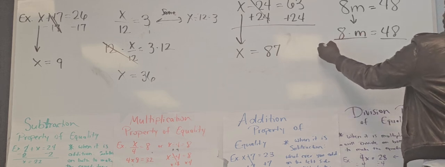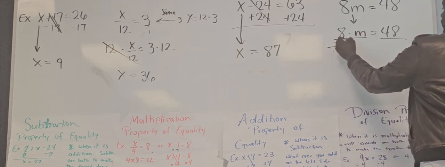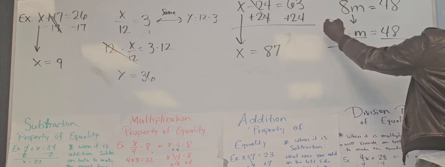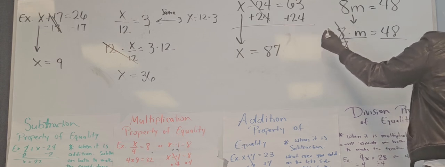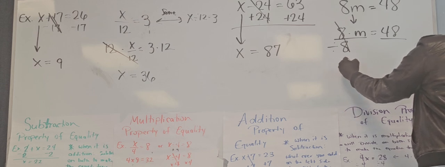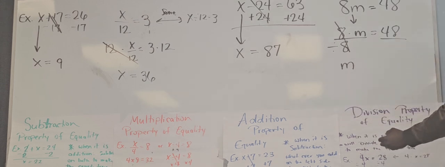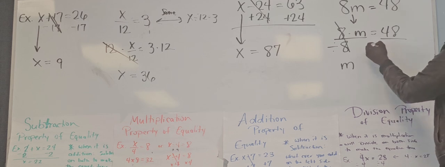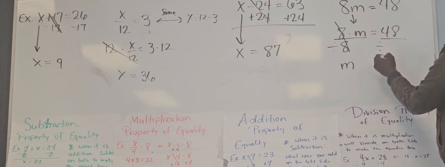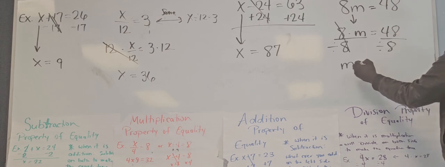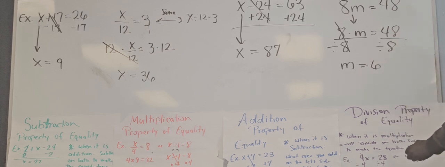So we're dividing by 8. 8 divided by 8 is 1, which also cancels out because 1 times m is m. So now we have m by itself over here. Well, now we have to do the same thing over here to make the equation true. 48 divided by 8 is 6.